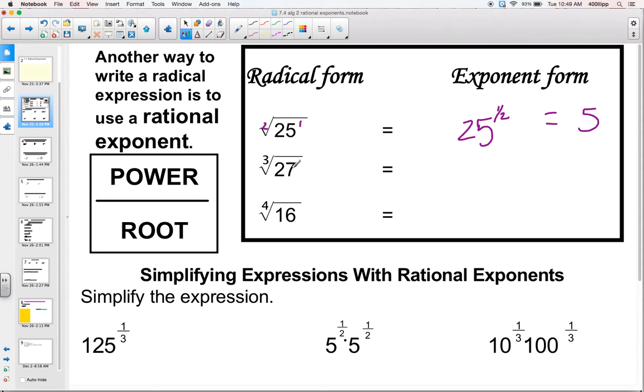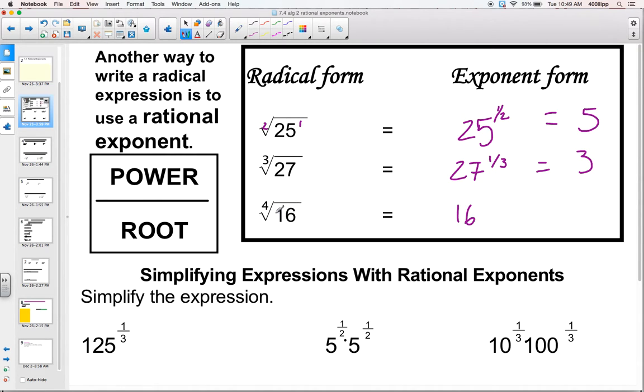Okay, the cube root of 27, we'll do that a similar way. We'll take 27, and that will be to the 1/3 power, because power over root, 1 over 3, which is equal to the cube root of 27 is 3. And the fourth root of 16, that's going to be 16 is our base.